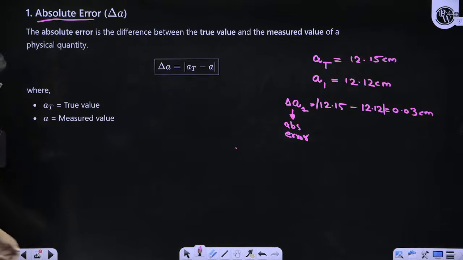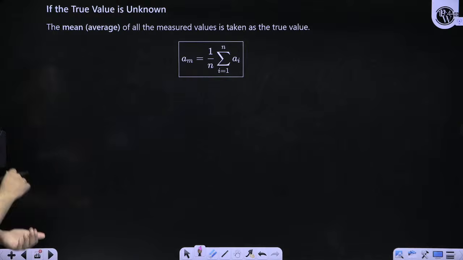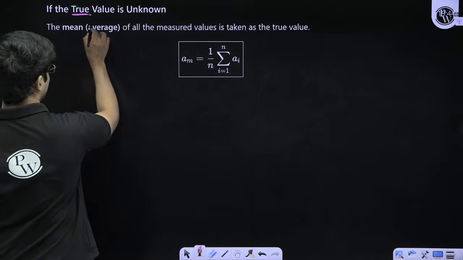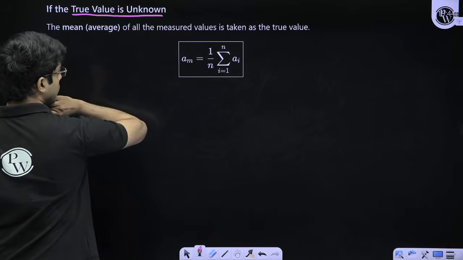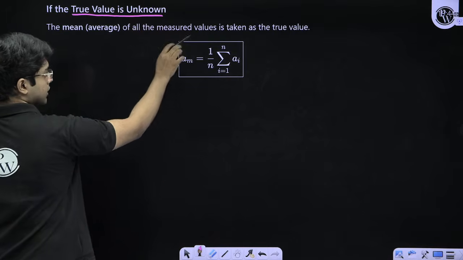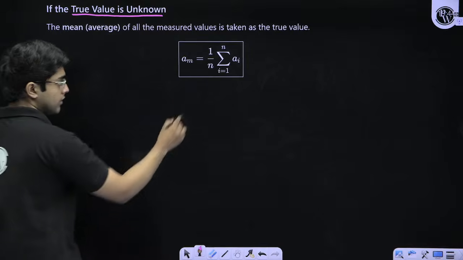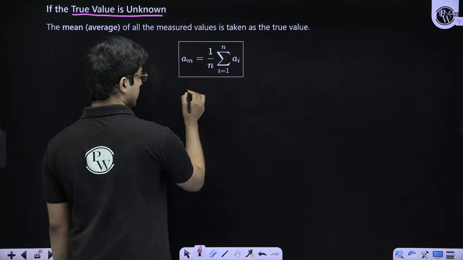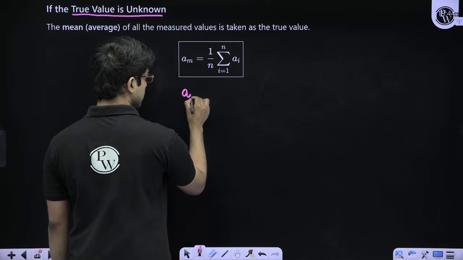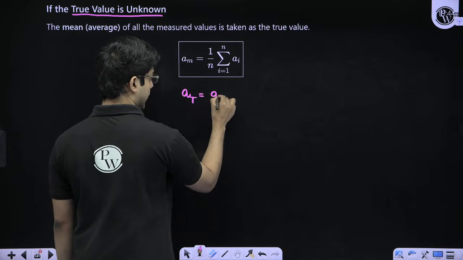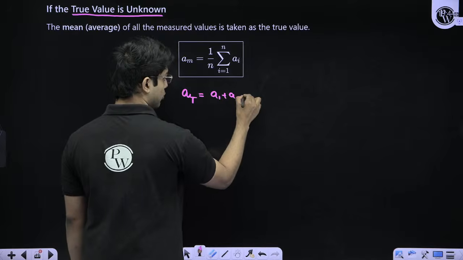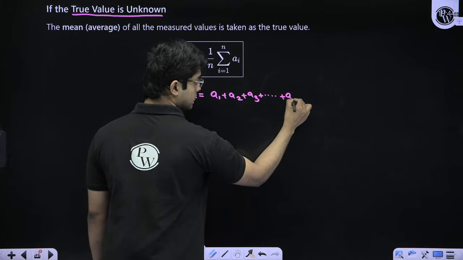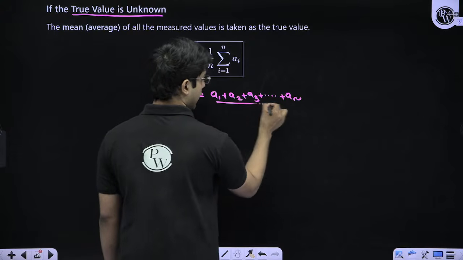Okay, so now the next thing is, this we already covered. If the true value is unknown, we don't know about the true value, then we take the average of all the measured values. Okay, and this basically is another way to write that. So the true value, you can write it as A1 plus A2 plus A3 plus, add all the terms and divide it with n.